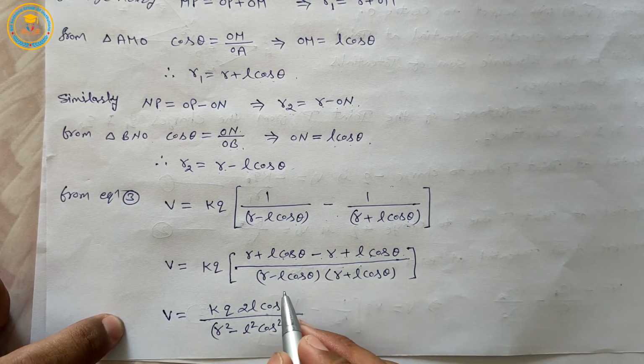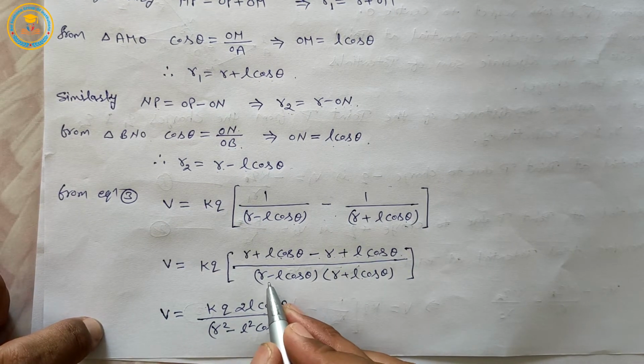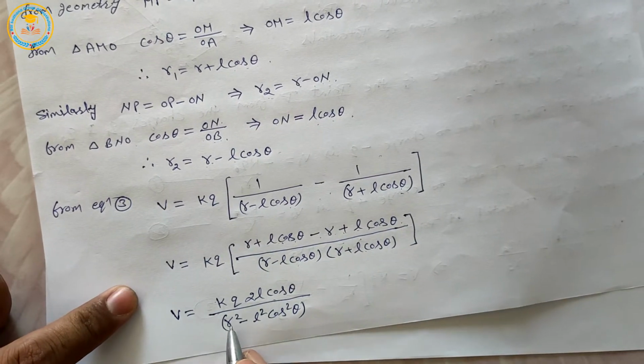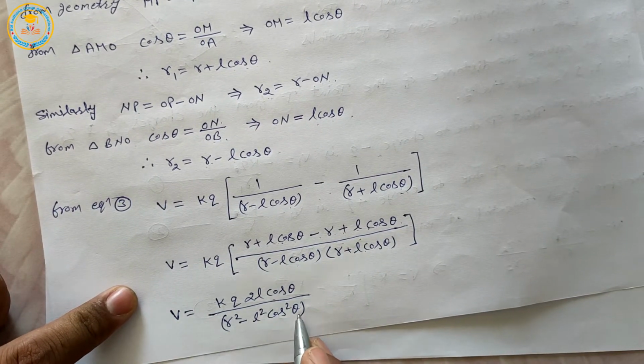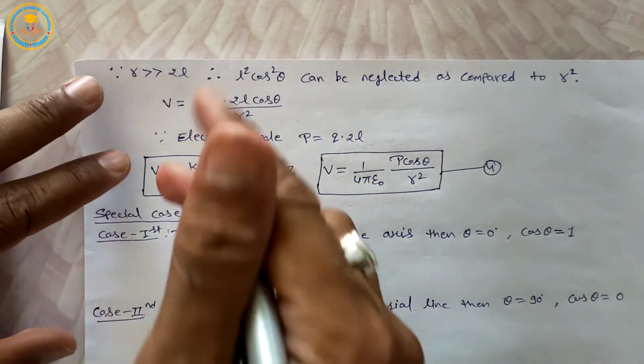This is the formula of A square minus B square. A square minus B square is equal to A minus B multiplied by A plus B. So R square minus L square cos square θ.